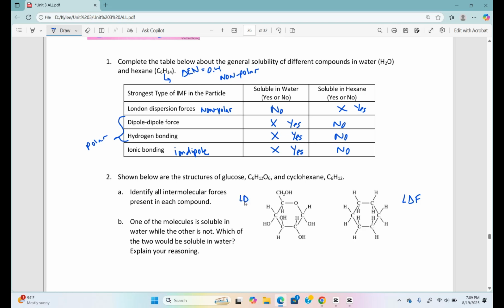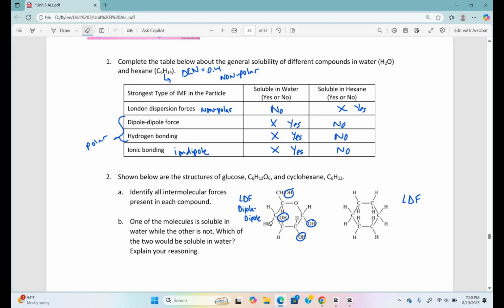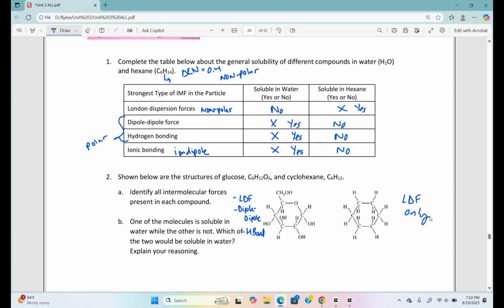When we have glucose, we can have London dispersion, we can have dipole-dipole interaction, and we need to check to see if we have some hydrogen bonding opportunities, and we do. We've got a hydrogen connected directly to an O in several locations with this OH group. And so any of the OH groups could participate in hydrogen bonding. So this can definitely be listed as hydrogen bonding as well. So H bond. And this one's LDF only.